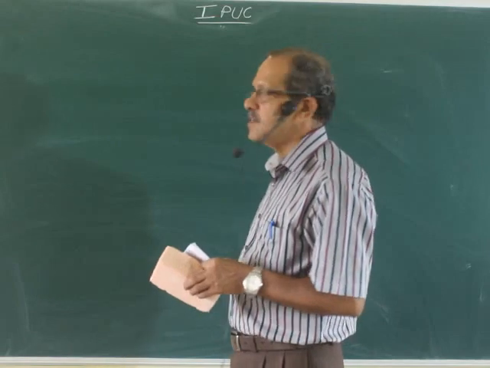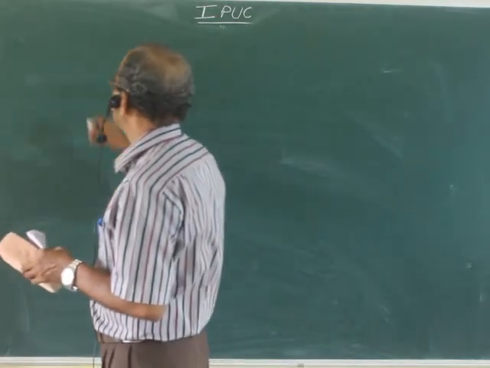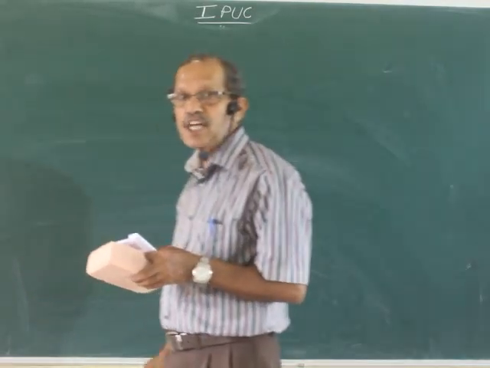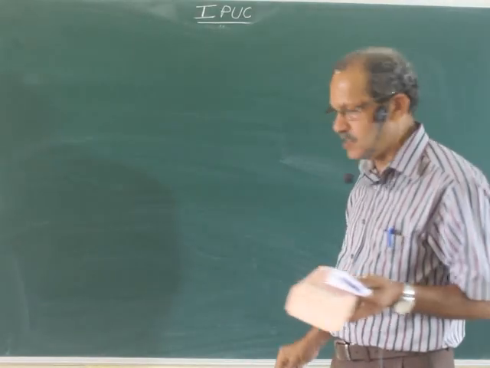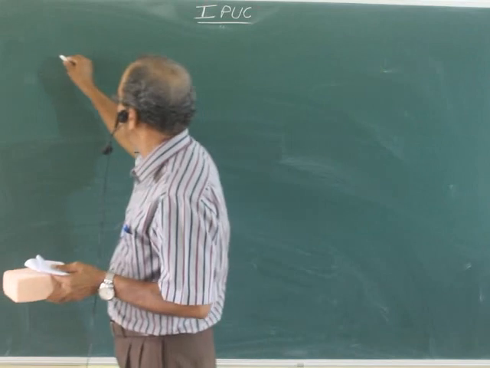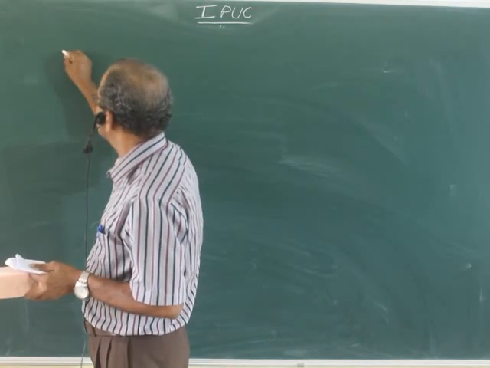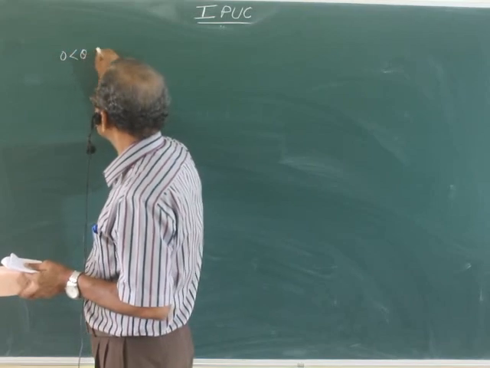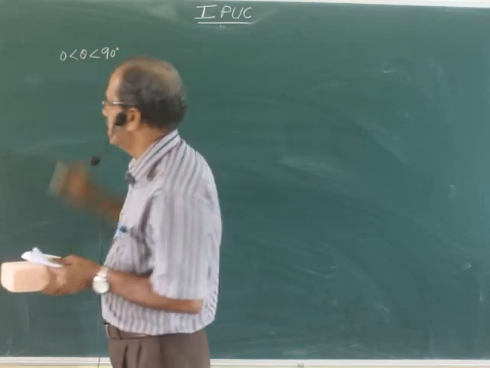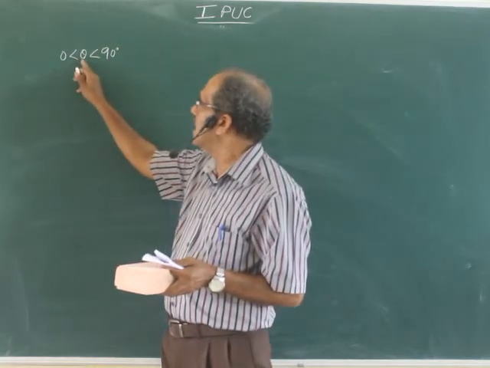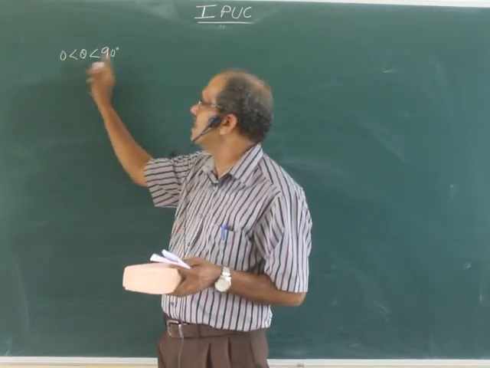Let us continue trigonometric functions. We have seen in the last session the sign of trigonometric ratios. Already you know the trigonometric ratios of all angles in between 0 and 90 degrees. That means acute angle, angle greater than 0, less than 90.